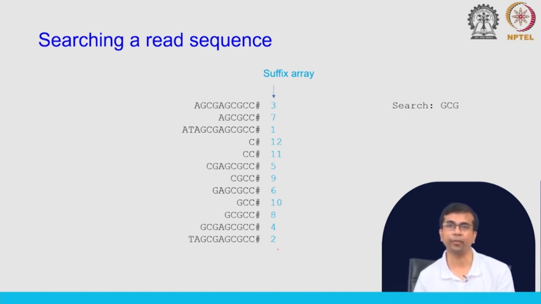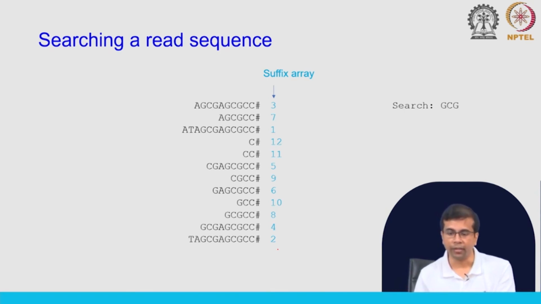You can break down these arrays into two parts and see whether this GCG part will be in this part or the other part. And if you see the other part, you then again break it down into two sets and search through that. We are not going into the details of those search algorithms, but it is enough to know that because of the lexicographical sorting that we have done, we can use a very efficient search process like binary search, which allows us to find these reads very quickly.